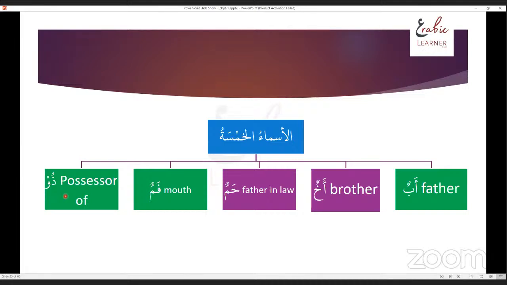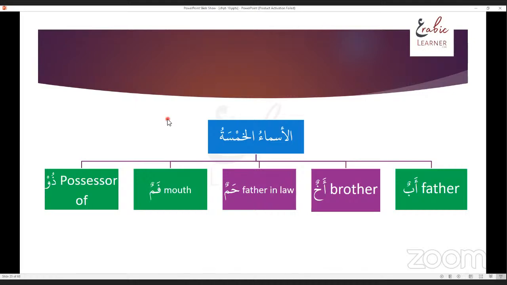Why are they so special? Because they act differently than the normal ism acts when a damir gets attached to that.